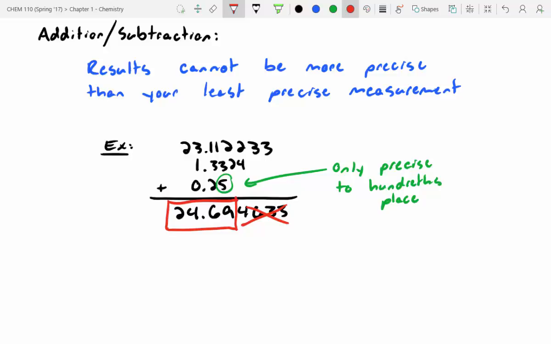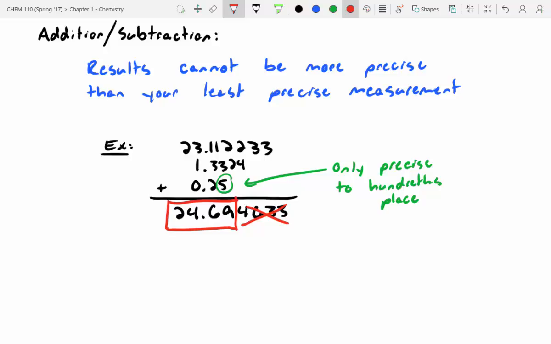Yep. So are you counting precision as significant figures or numbers past the decimal point? Basically, so for example, a hundredths place is more precise than the tenths place. But I mean, you're just counting numbers past the decimal, not significant figures at this point? Yeah, exactly. So in this case, because it's to the hundredths place, we only include two numbers past the decimal.